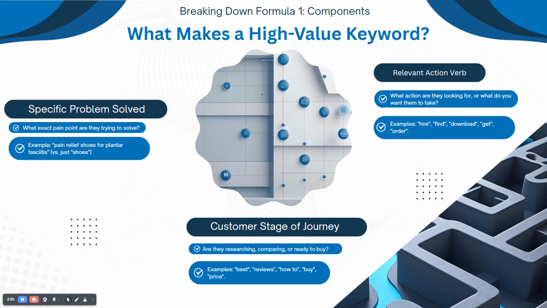Second is customer stage of journey. Are they researching, comparing, or ready to buy? For example, people searching for best products, or for reviews of the products, or getting information and understanding how to use these products, or they are in the journey of buying some products, or researching the price of these products.